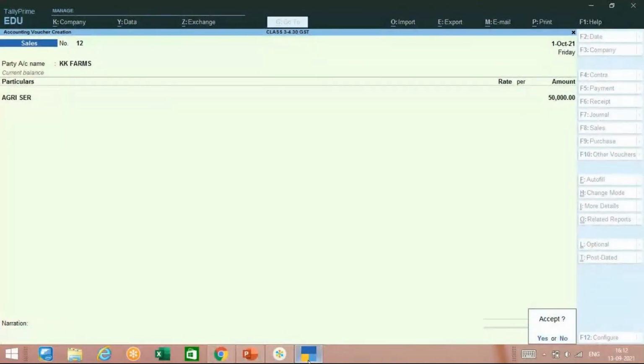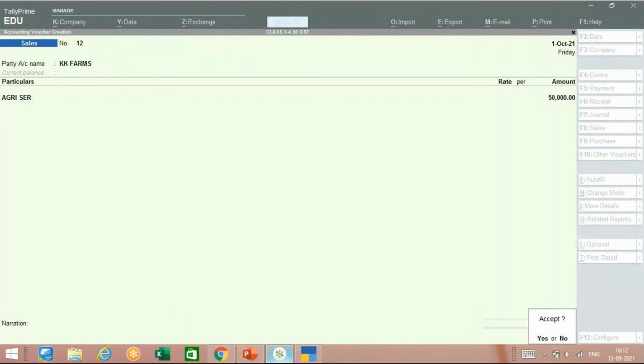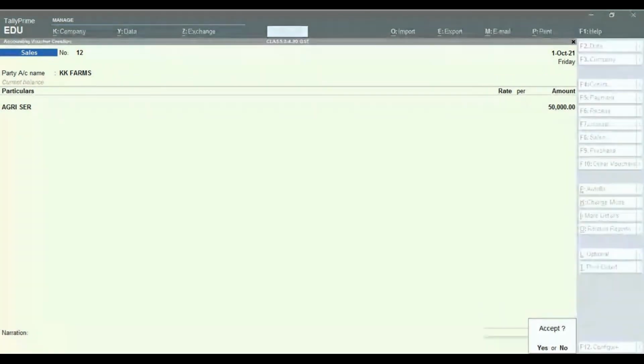Is this clear? That's all. So you go to the company, create agricultural services under the sales account, and then give the agricultural services nature of transaction.